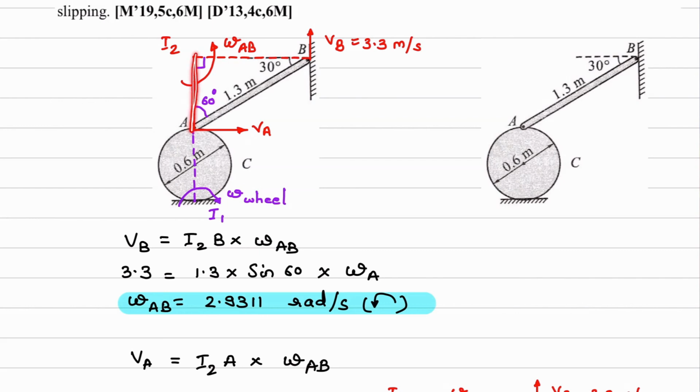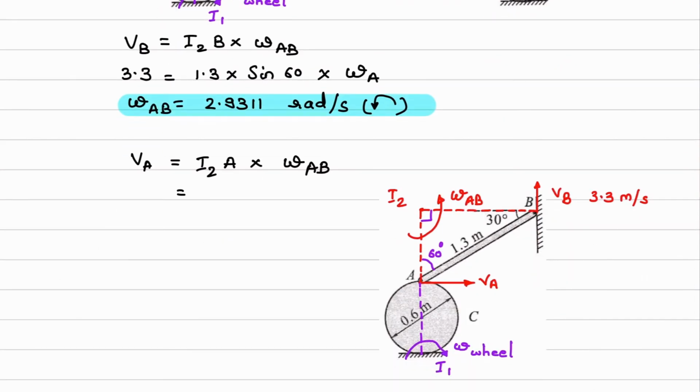I2A is opposite of this angle 30. So I2A will be hypotenuse, which is 1.3 into sine 30, into omega AB, and this value is 2.9311. So from here I can calculate VA.